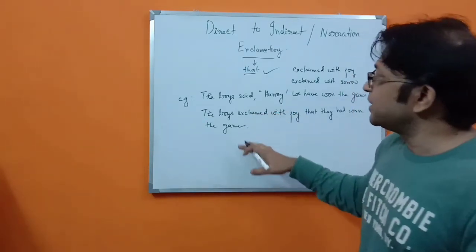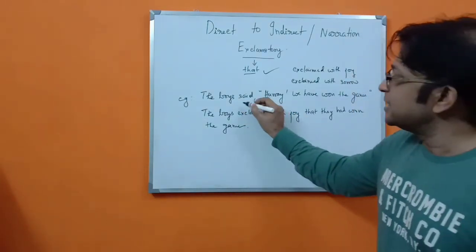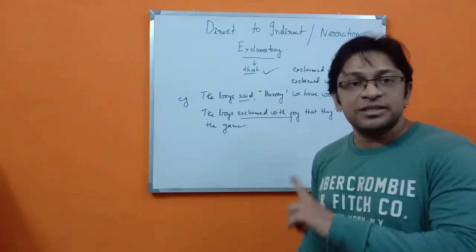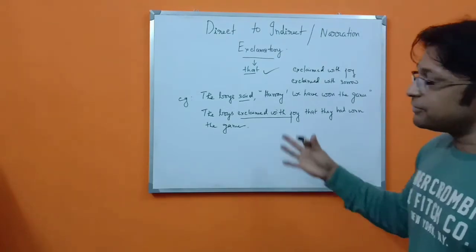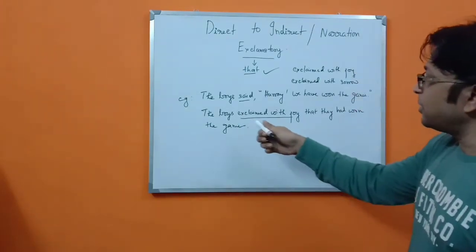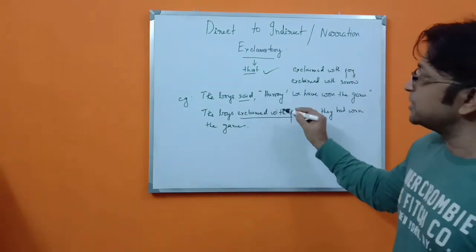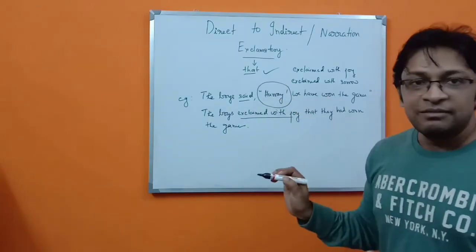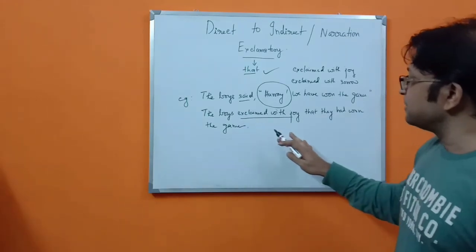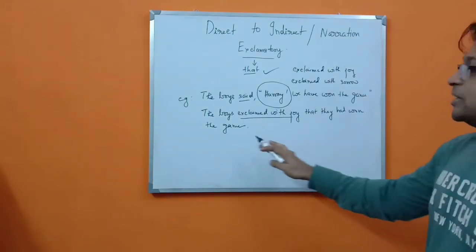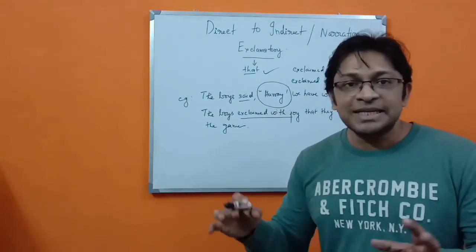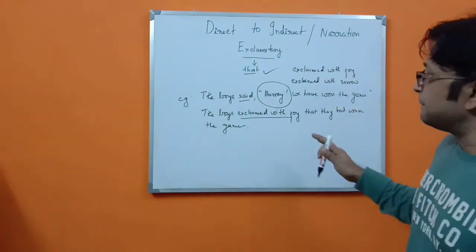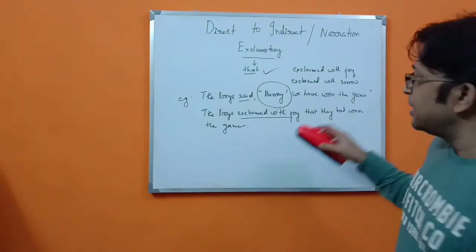Now we change it like this. See, "said" has changed into "exclaimed with joy". You have to remember this very carefully, because you have to use this in the sentence. Now see what the changes are: the exclamatory word with the exclamation sign vanishes. The boys exclaimed with joy that they had won the game. So this is how the sentence has transformed itself.